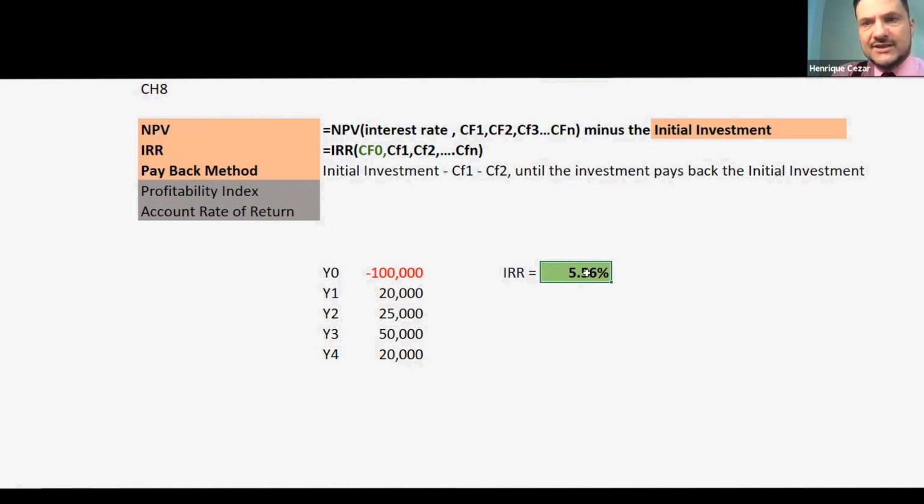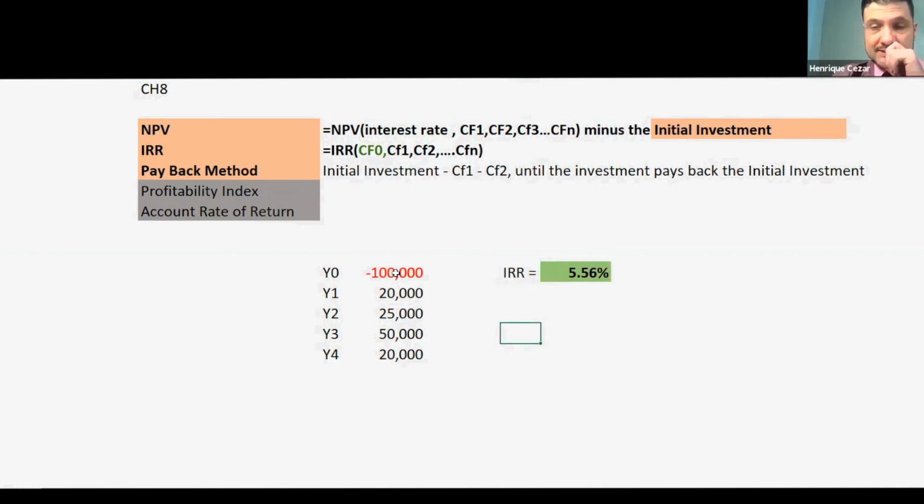If you'll be happy with a 5%, 4%, or 3% return, if you're happy with that lower return, then it's a good project. However, if you think that given the risks associated with this project you deserve more than 5.56% return, then it's a bad project. That's how we analyze the IRR.